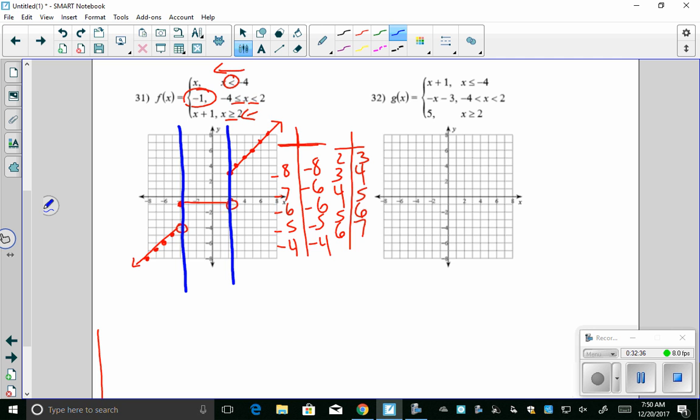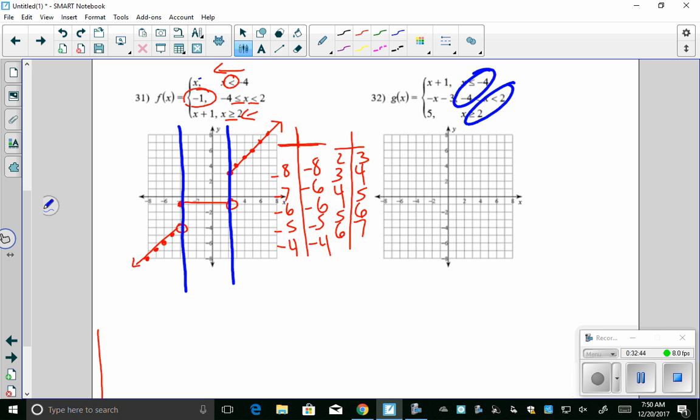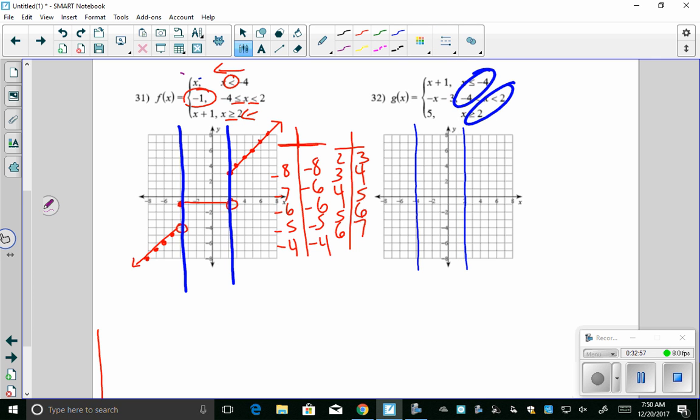Okay, 32. I have 2 boundaries again. And they're actually the same numbers as the previous problem. So you're going to draw a line at -4 and a line at +2. This graph goes this way.